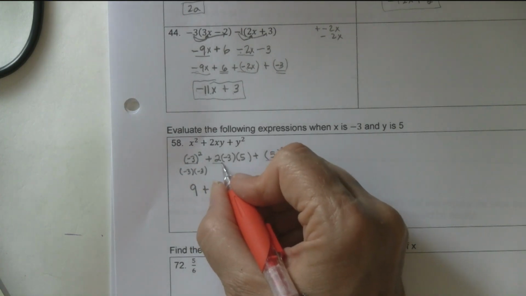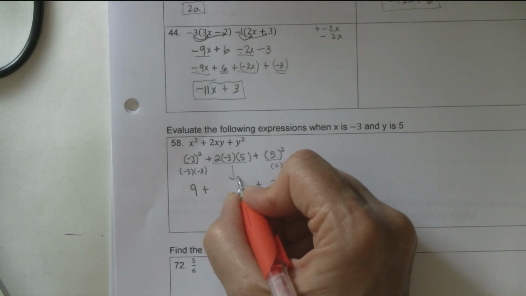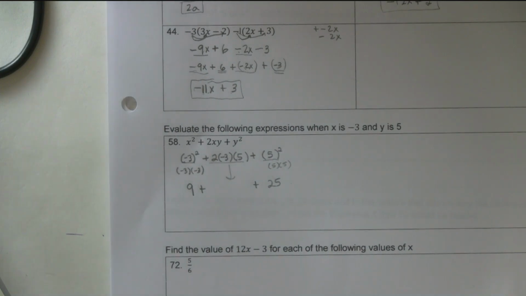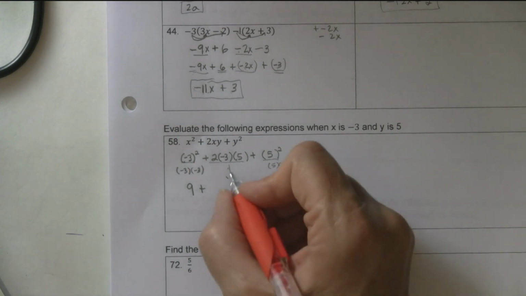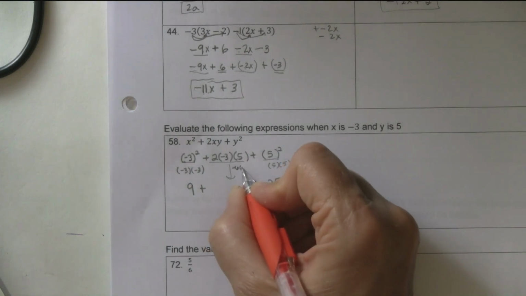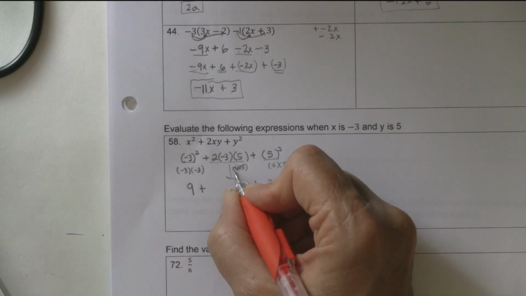And do you see how this guy, it doesn't matter that I did him third, right? I could have done him second, and that would have been okay as well. And I'm going to multiply those numbers together. There's three numbers, sorry. 2 times negative 3, that's negative 6. And so then I'm thinking in my head, negative 6 times 5, right? And so I'm multiplying those together.